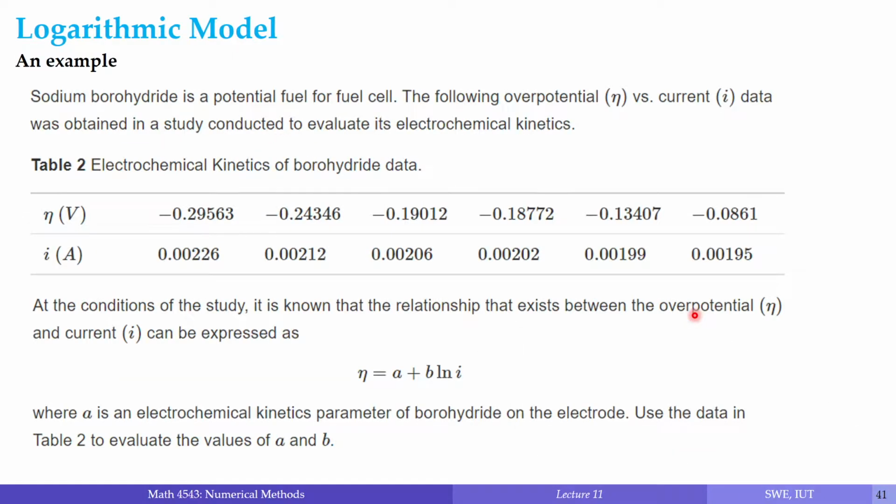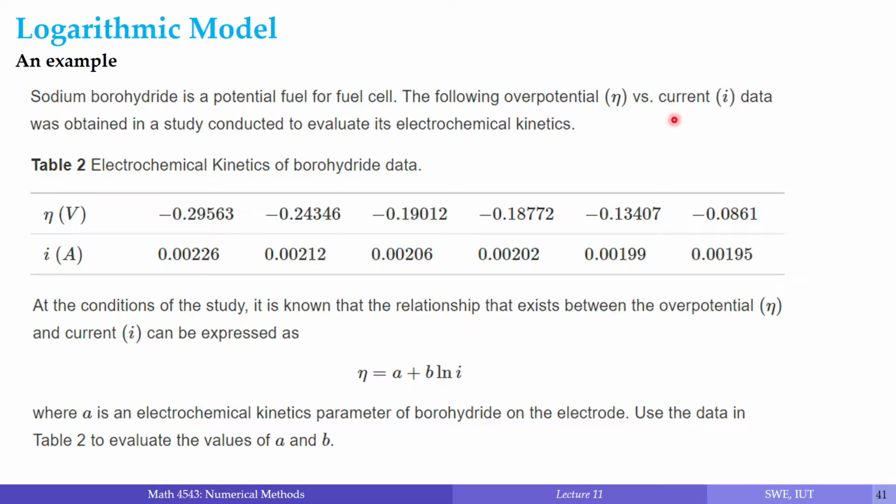Now we'll use our logarithmic regression model to model the regression curve of a battery, a fuel cell. The fuel cell is made using sodium borohydride, and we are given the voltage values, or the overpotential values denoted by eta over here, and the corresponding current values in amperes.